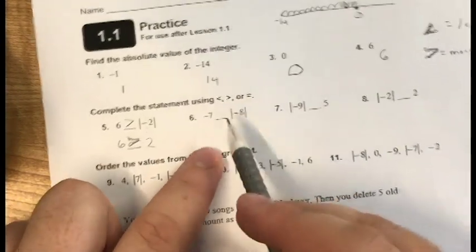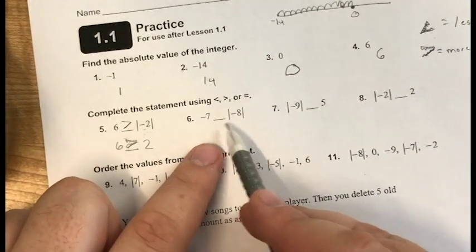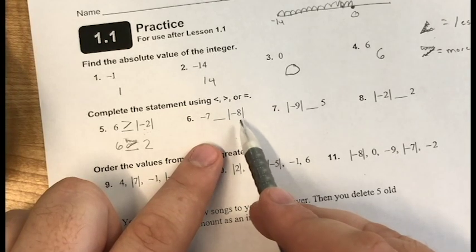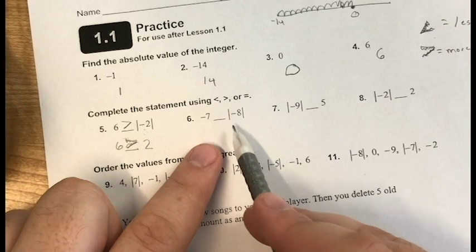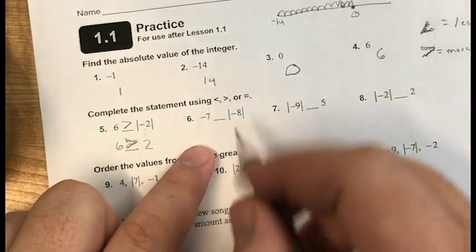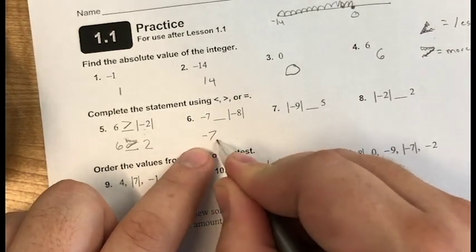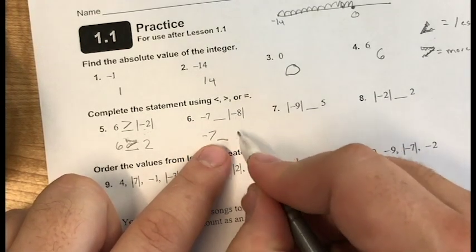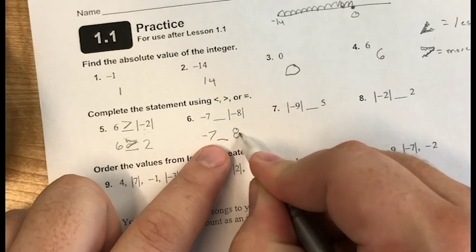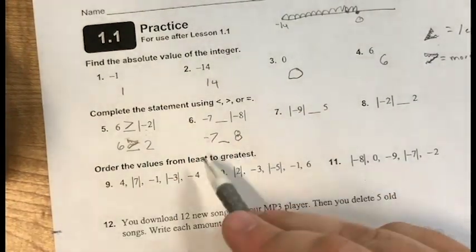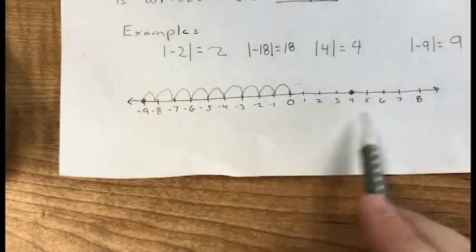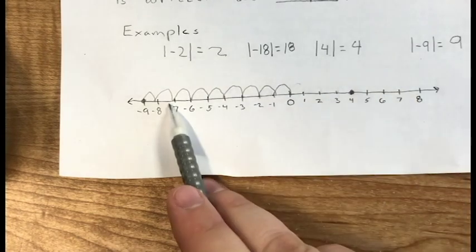So let's look at the next one. I have negative 7, and we're trying to figure out if it's less than, equal to, or greater than negative 8. Not just negative 8, but the absolute value of negative 8. So we have negative 7. We don't know what that is yet. And the absolute value of negative 8 happens to be 8. So which number's bigger? Well, this is a negative number. And if we look at our number line, just to show it, we have a positive 8 here and a negative 7.